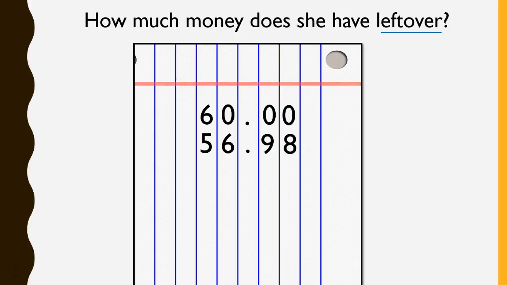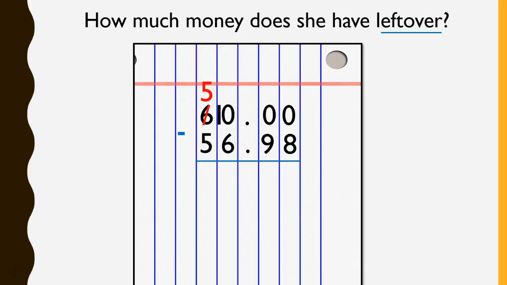She spent $56.98. That decimal is very important. So now we're going to be subtracting these two. And you just simply go about subtraction like you would in every other problem. Once you have them lined up, that's really the tricky part. And it's really not that tricky. So I think you guys could do this.